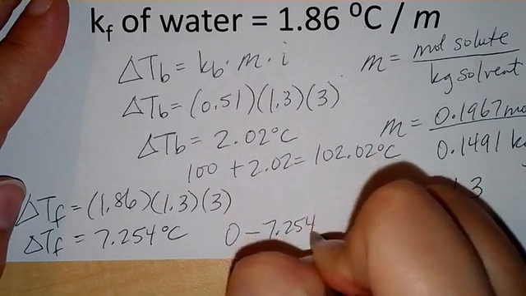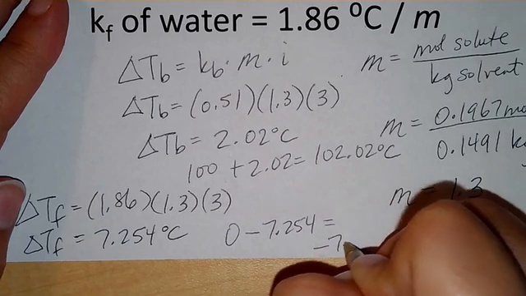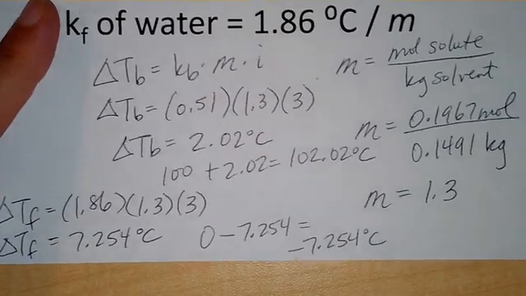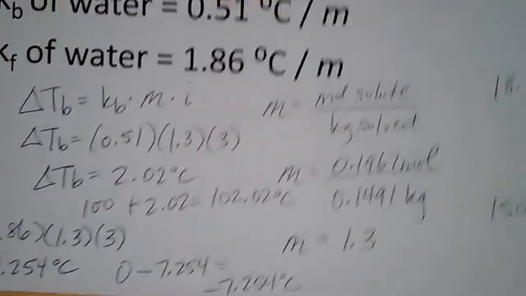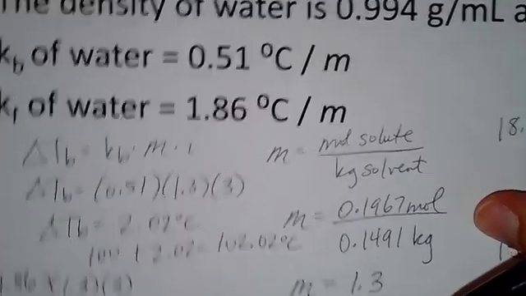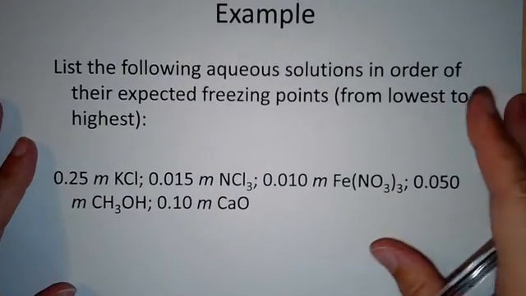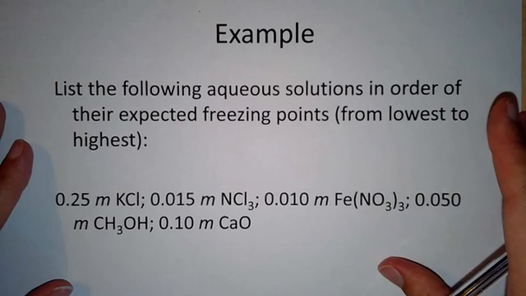Alright, the last thing we're going to talk about with this has to do with ranking solutions based on this change in boiling or freezing point. So there's two factors that determine how much of a change in freezing or boiling point you're going to see with a solution. Obviously, the concentration is a big factor.